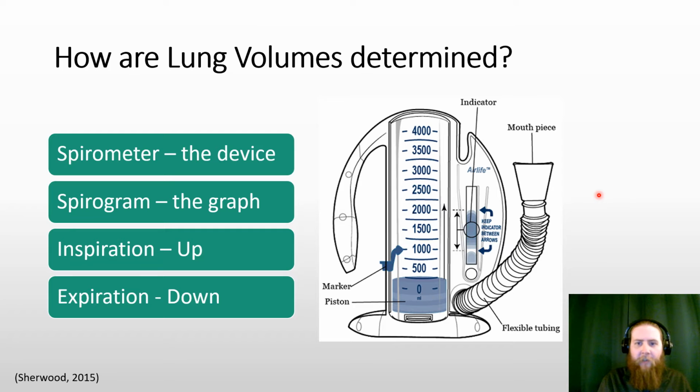So the procedure will be the individual will take a deep breath in, all the way in, put the mouthpiece in, and then blow all the air out of their lungs until they're done. And then this little marker here is used to determine how high that went, so that when this piston returns back down to the bottom, they have good data on that.